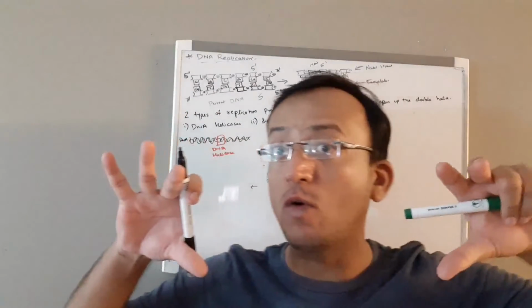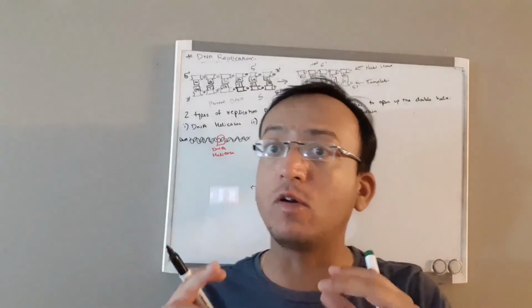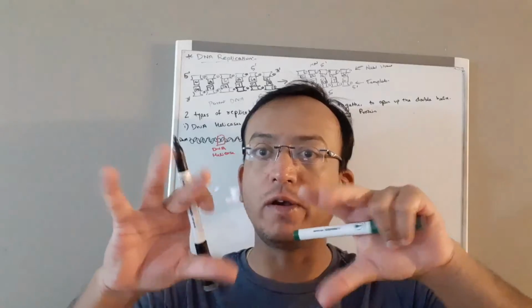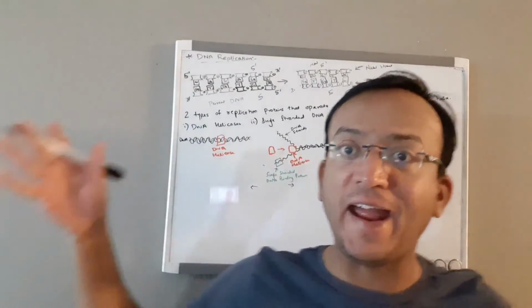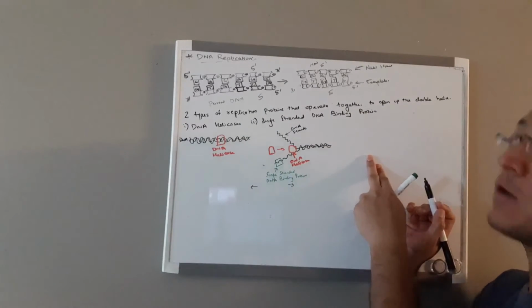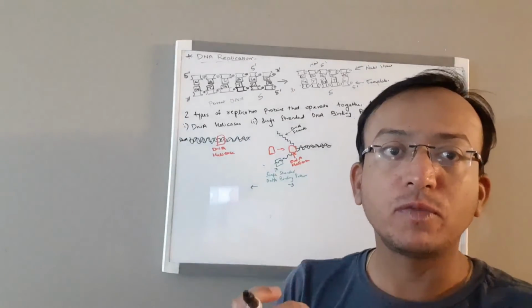When it opens on both sides, for example, when you try to open a rope like a DNA double helix, what will happen? On the further ends of the rope or the DNA helix, it will try to torse.